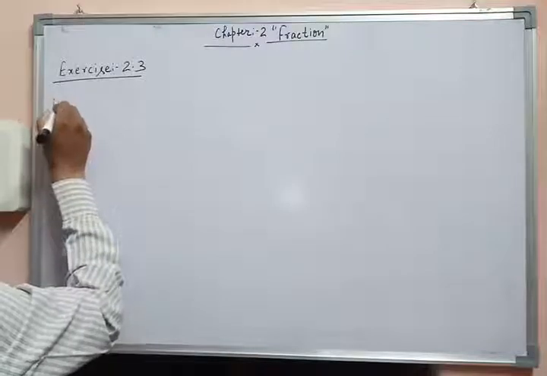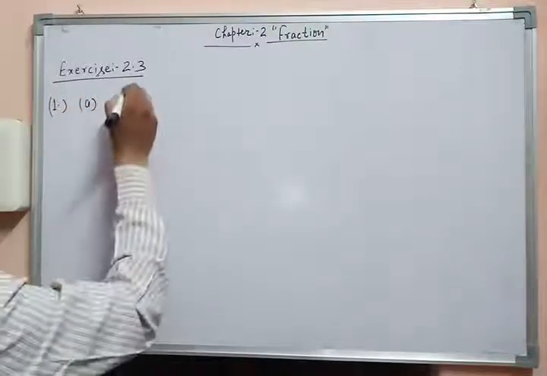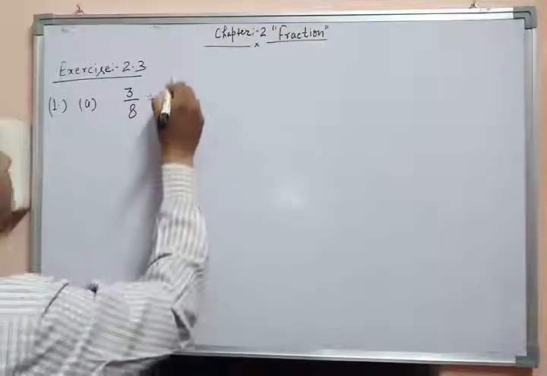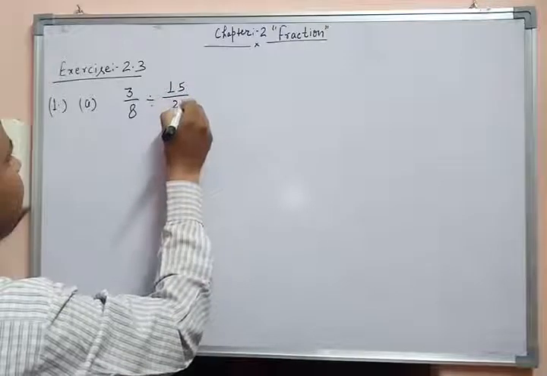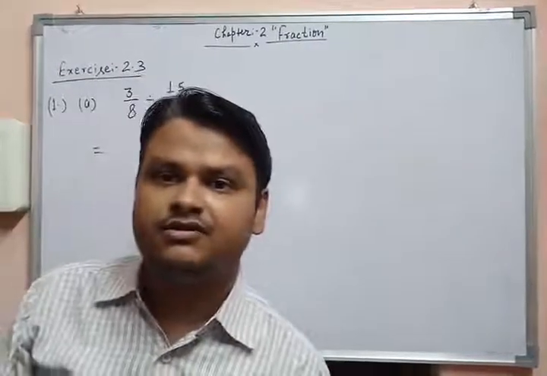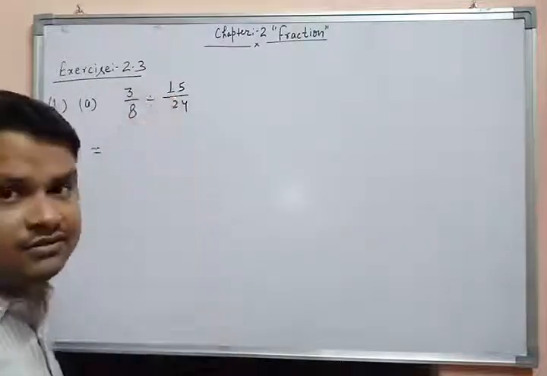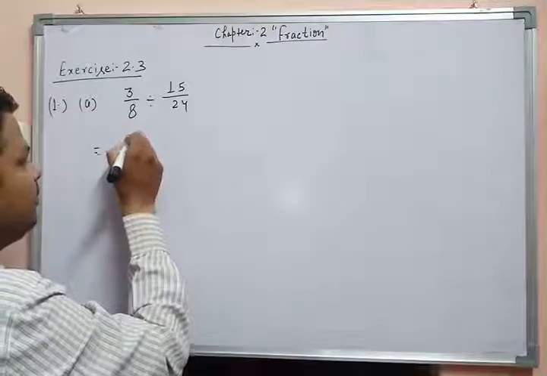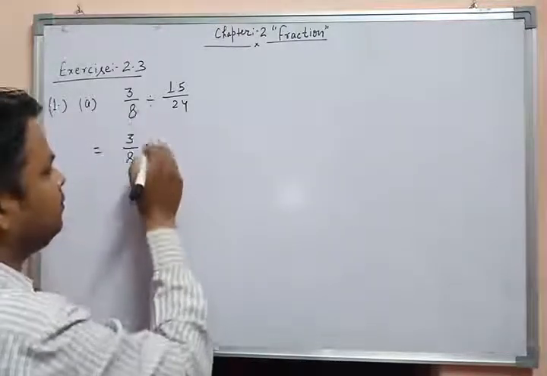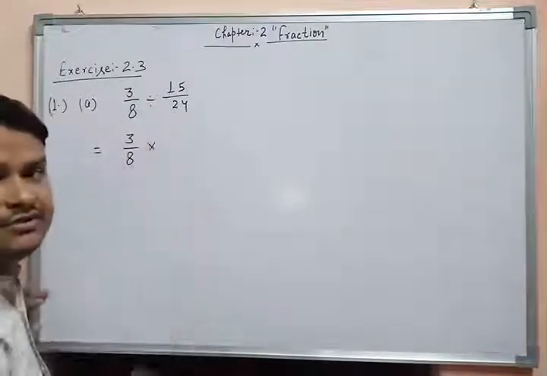First question is: solve the following: 3 by 8 divided by 15 upon 24. Okay, so this is the type of division of a fraction by a fraction. Apply the concept which I have given: you have to remove this operator and replace it by the multiplicative operator and write the reciprocal of this fraction.